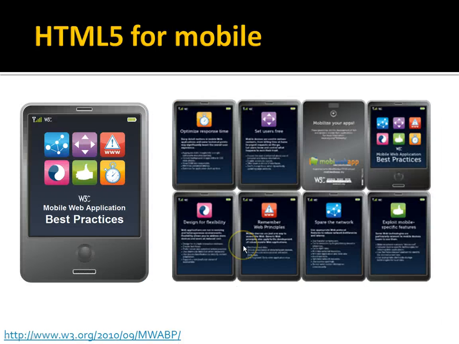Hopefully that will change. Now, there are lots of websites that you can find out about using HTML5 for mobile devices and making better applications, whether you deliver them on the device itself or through the web.